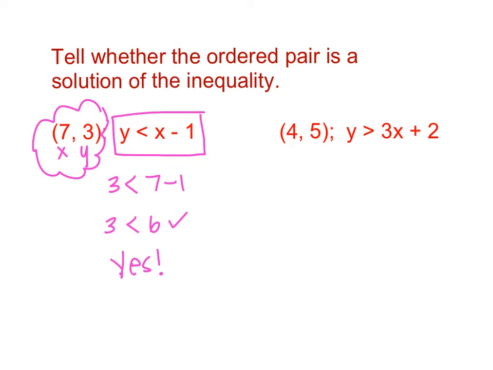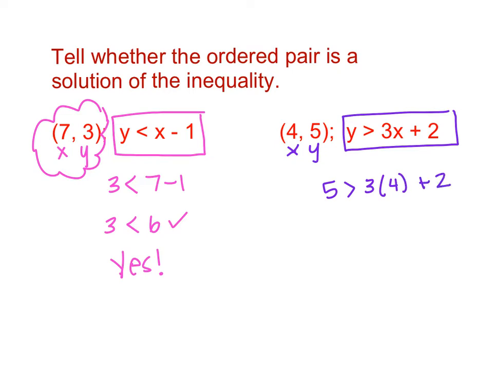All right, so let's take a look at another quick example. We have the ordered pair 4, 5, so here's our x, here's our y, and we're going to plug it into our inequality here. So we replace the y with a 5 is greater than 3 times, and we substitute in the 4 for our x, add 2. So again, just do the math on either side.